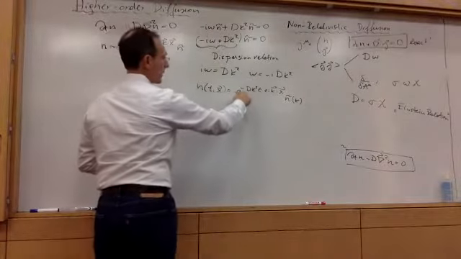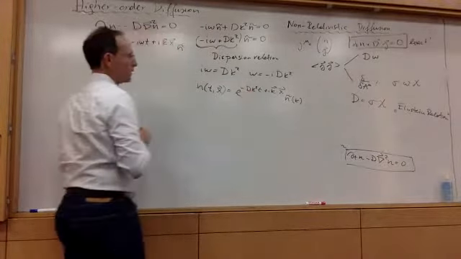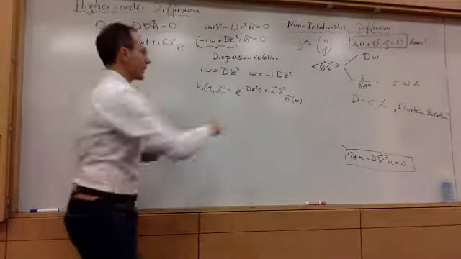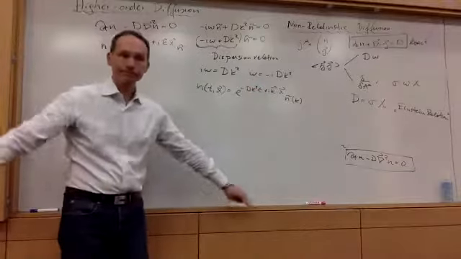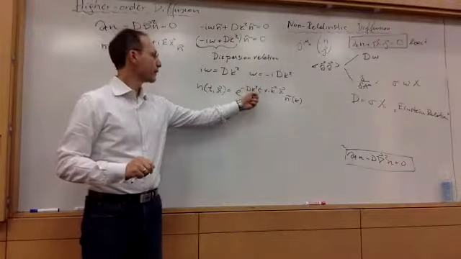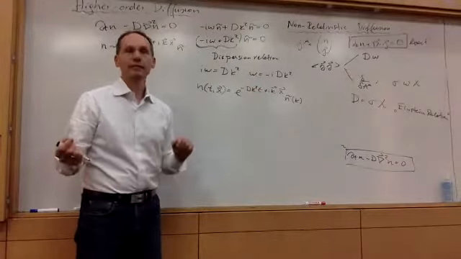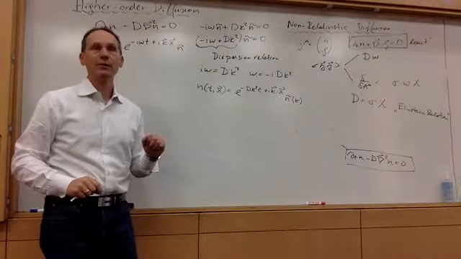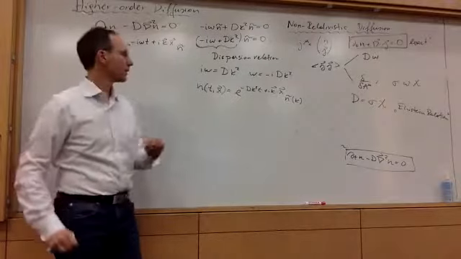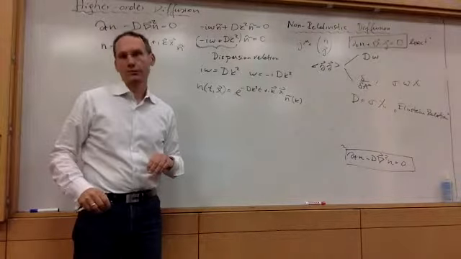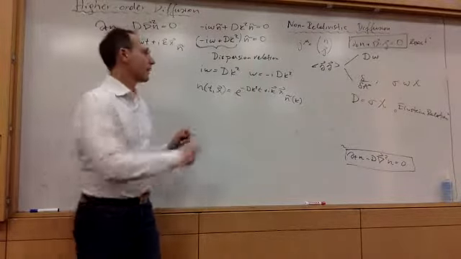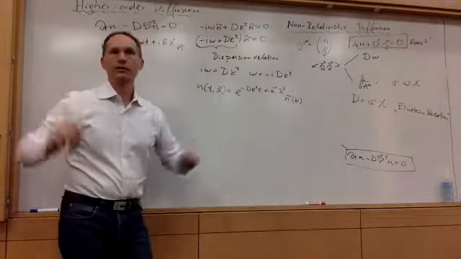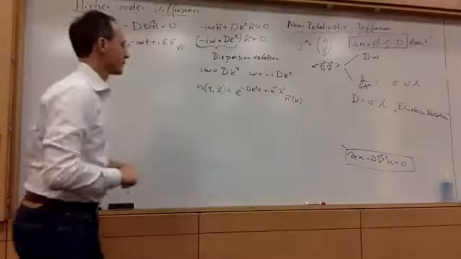This solution has an exponential factor, e to the minus d k squared t, which says that A, it's exponentially falling in time, and B, it's falling the faster the higher k's, because it comes in with e to the minus d k squared. So the higher k modes damp out much faster, the lower k modes don't damp out so fast, but they still damp out. And yes, there is some sort of real time evolution of this system.